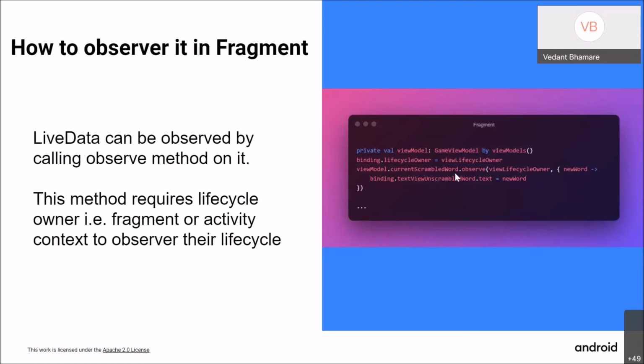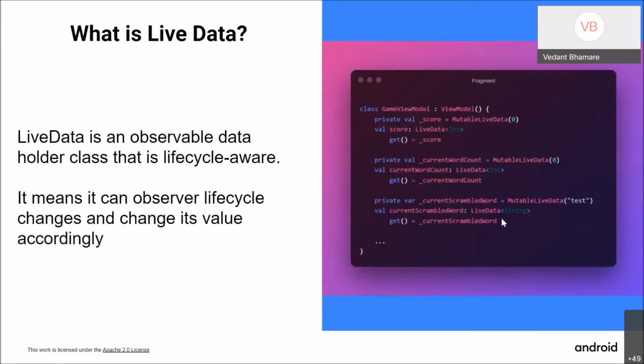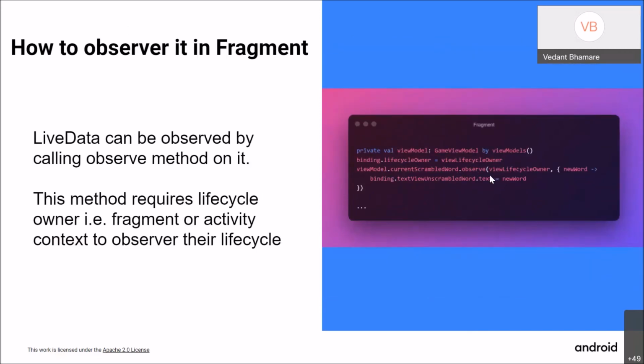So you have to give the life cycle owner to the observe method of live data. Current scramble word here was live data, as you can see, and you're observing it, and you have to pass the view life cycle owner. So it would start tracking the life cycle of this fragment. And then you have to write the code here. This is the lambda that you are getting. Here you would be getting the new word, that is, whatever the word is changed to, and that is how you would be updating the text of the word.